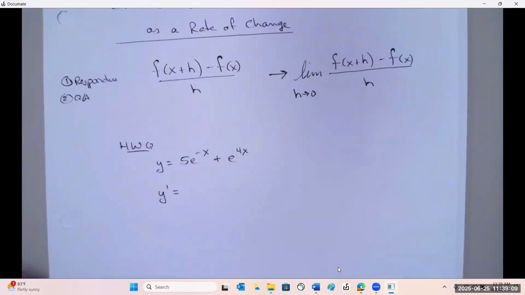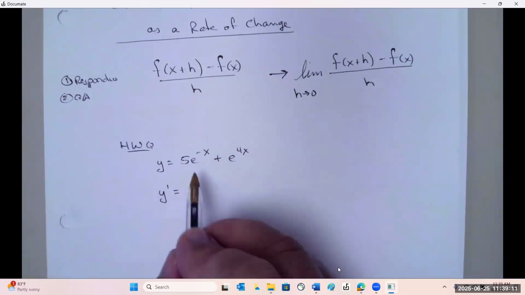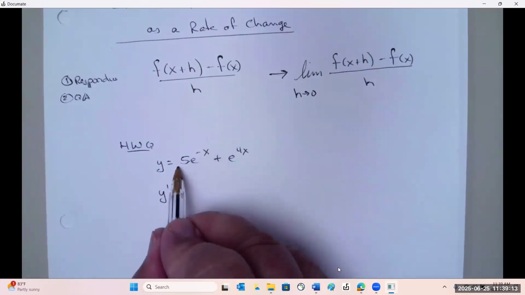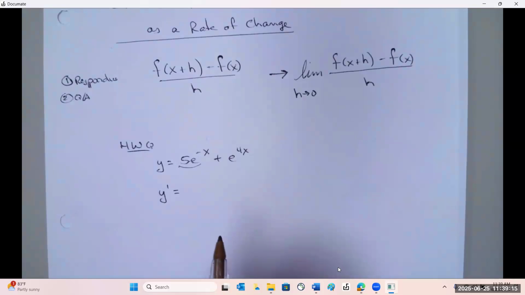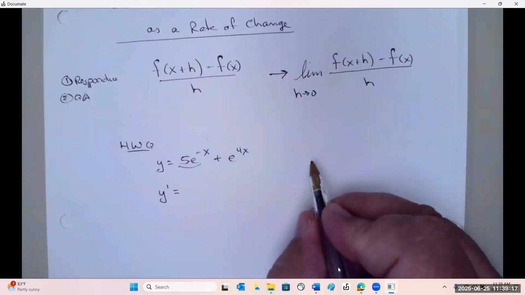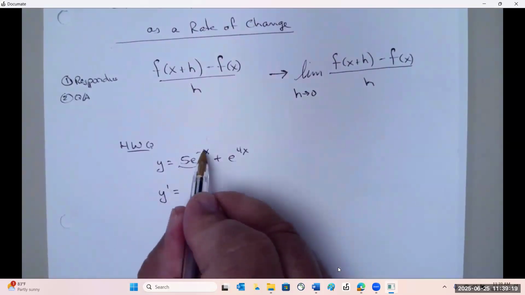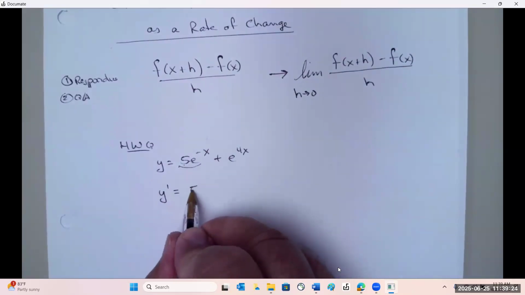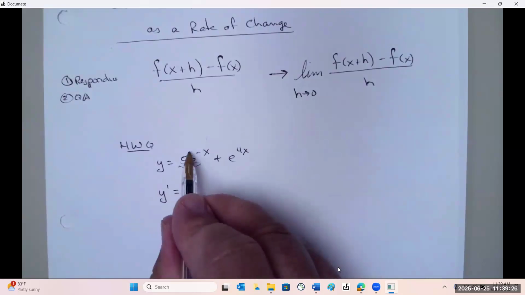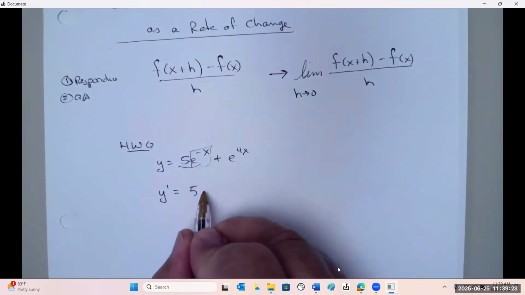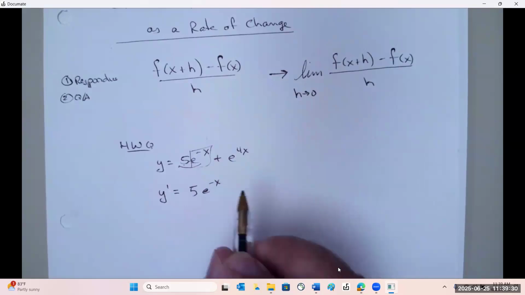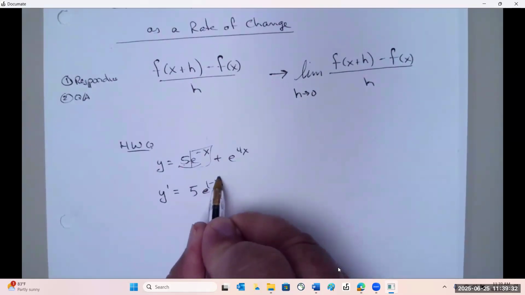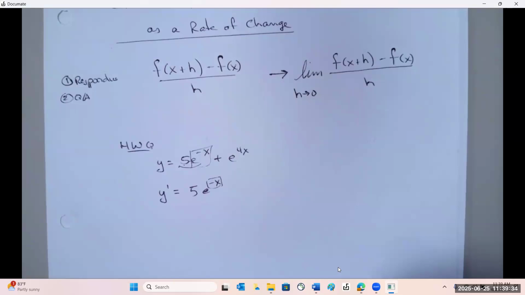So what will be the derivative of the first term, 5e to the negative x? Since 5 is a constant, it stays there. The derivative of e to anything is e to anything times the derivative of the exponent.